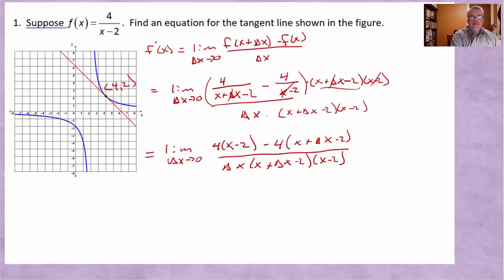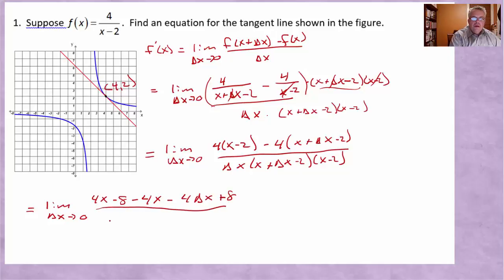Wow, hopefully you're still with me here. Now, this is going to get better quickly though. So we're going to distribute and see what cancels. This equals the limit as delta x goes to 0 of 4x minus 8 minus 4x minus 4 delta x plus 8. That's what I get if I distribute everything, all over that same denominator.